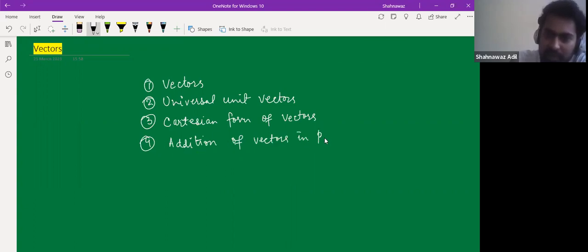In this addition of vectors, I will mainly focus on the parallelogram law of addition.